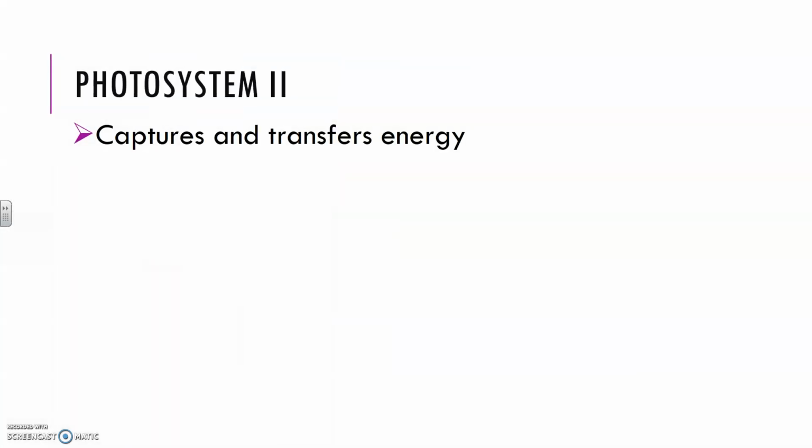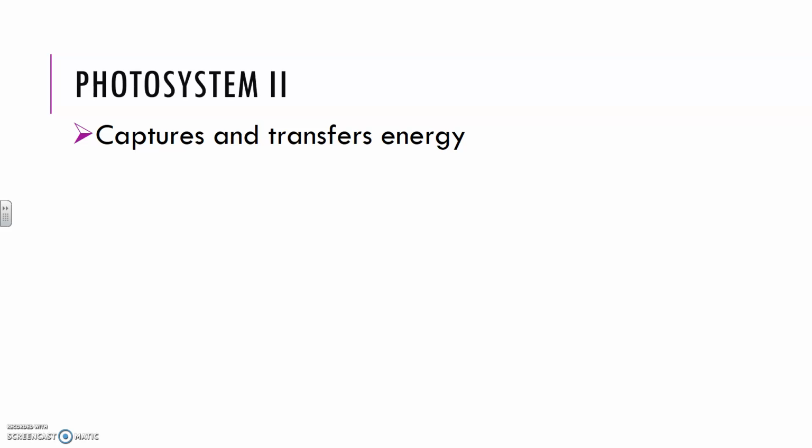And it's really nice and confusing because they discovered photosystem 1 first, but the energy is actually captured by photosystem 2 before it gets passed on to photosystem 1. So of course, instead of renaming them to make sense, they just kept it as photosystem 2 and then photosystem 1. So photosystem 2 comes first in this whole thing.